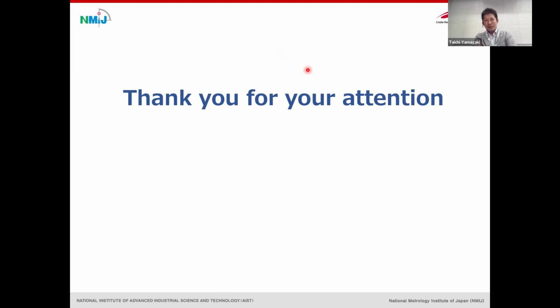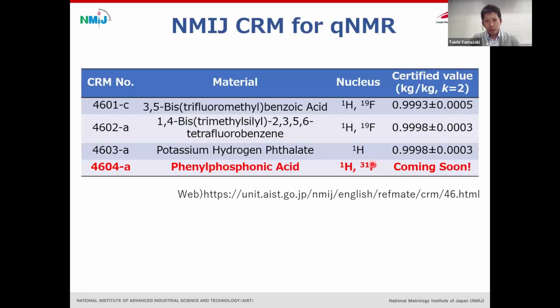Next step is difficult, but I would like to discuss alternative nuclei, including fluorine or phosphorus, it is very interesting. We also provide some kind of alternative nuclei CRMs. So we would like to discuss another nucleus. Next step, I hope.